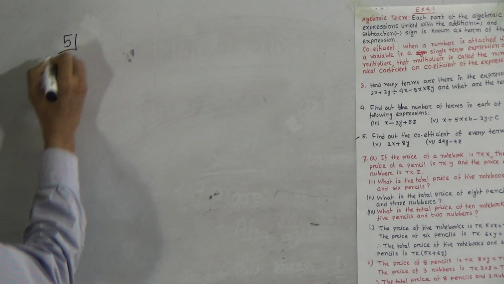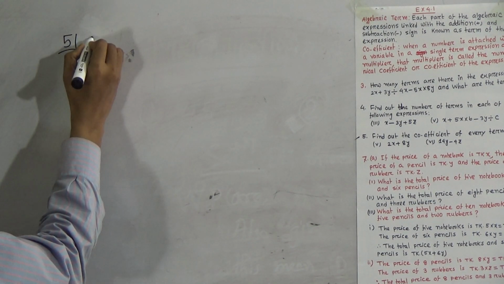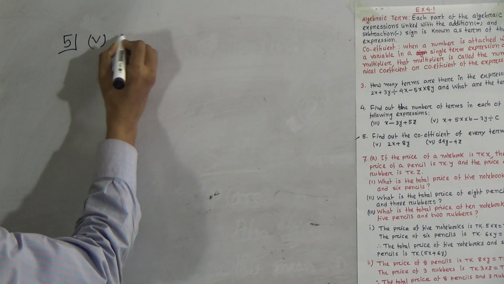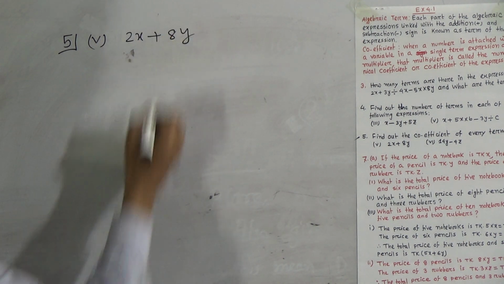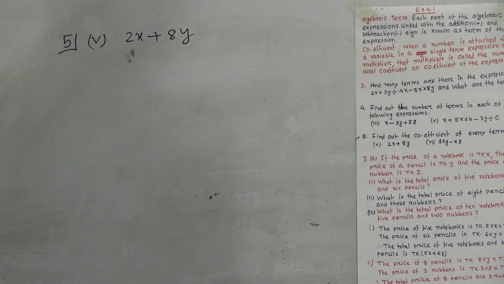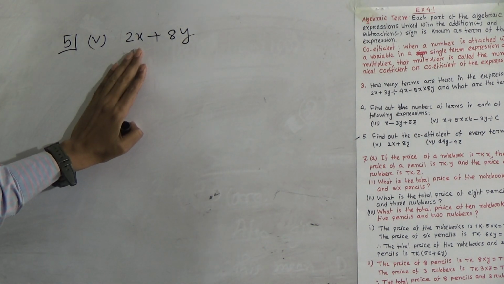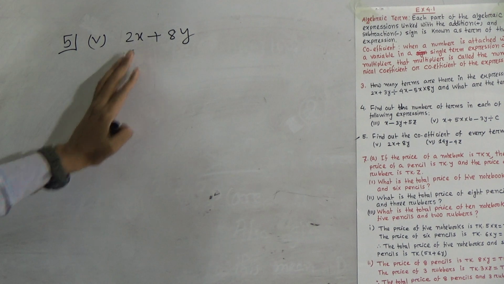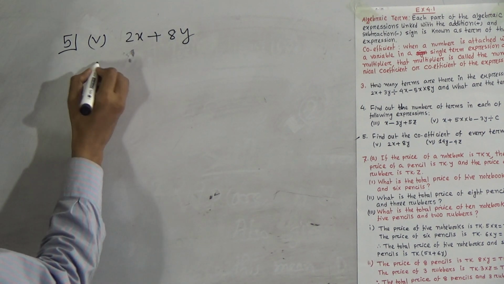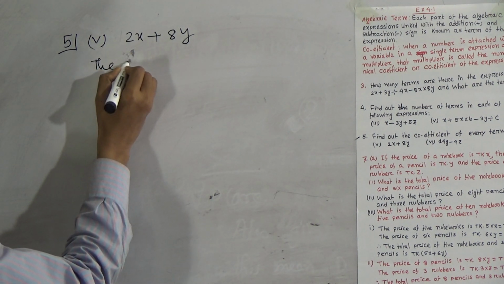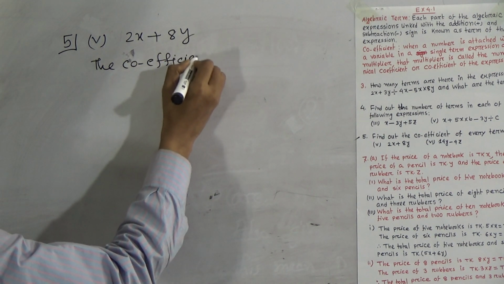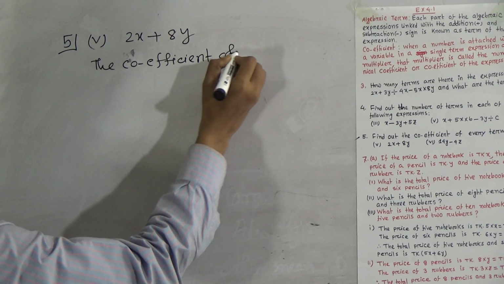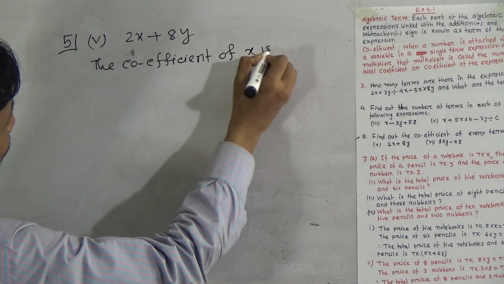Look, question number 5, B: 2x plus 8y. Okay, student, look, 2x plus 8y. The coefficient of x is what?